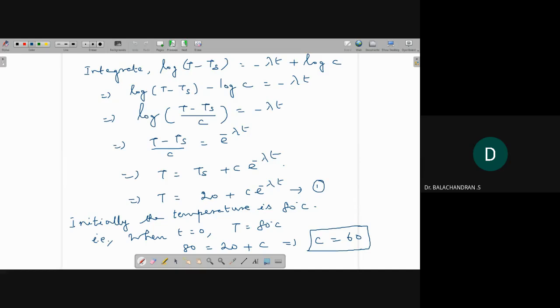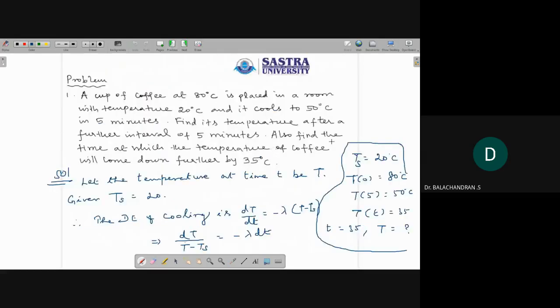Instead of finding the time at which the temperature of the coffee will come down by further 35 degrees, we should find the time at which the temperature of coffee will come down by 15 degree.